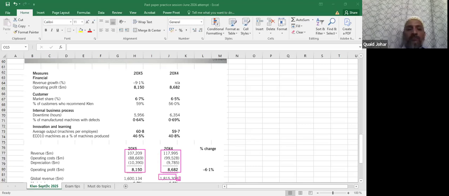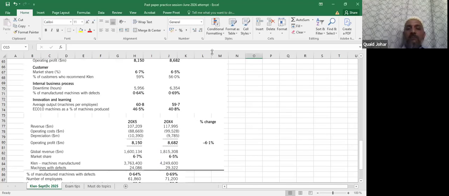Now, in order to calculate the market share, you have to divide 117,995 by 1,815,308 and 107,209 by this. You get 6.5% for 2004 and 6.7% for 2005.